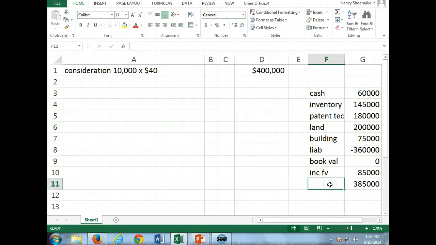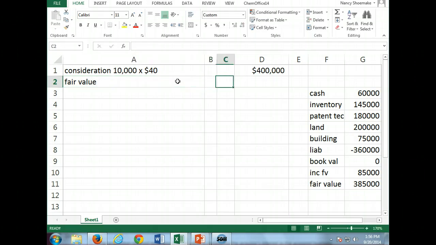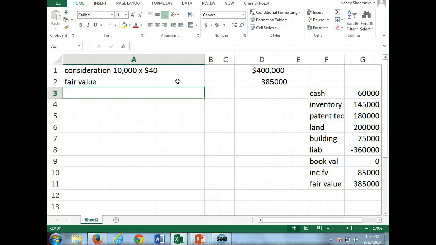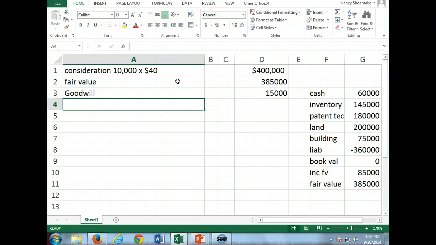Do you see that we have a fair value of all the assets minus our liabilities of 385? So this is the fair value of everything we're acquiring, okay? So we are purchasing it, the consideration we gave is 400, but yet our fair value of the assets is 385, then what is our goodwill? 15,000.